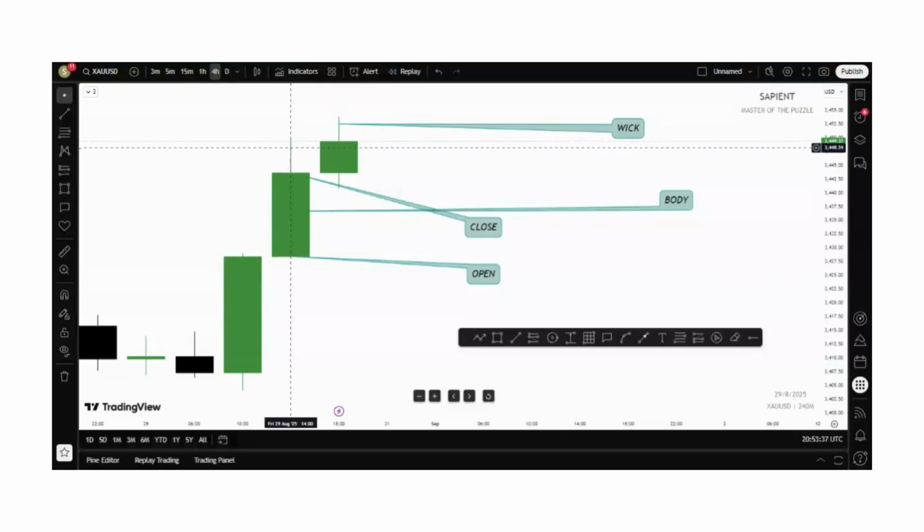So what does it mean? Wick is a type of identification. Let's say you place your dog in the room, or in your house rather, and you went out.